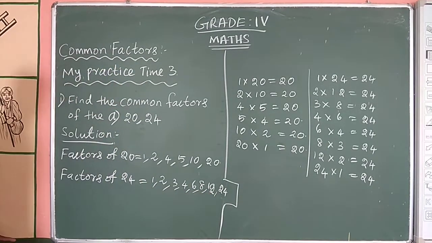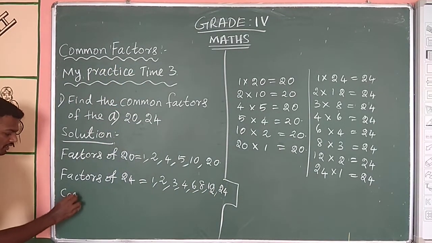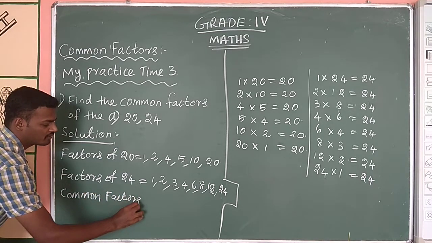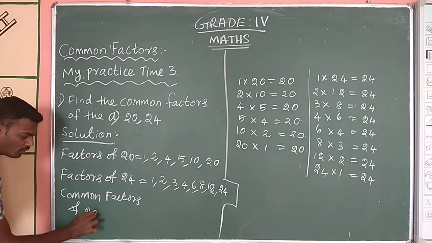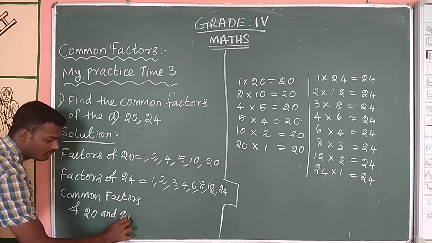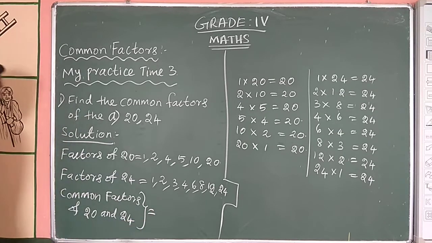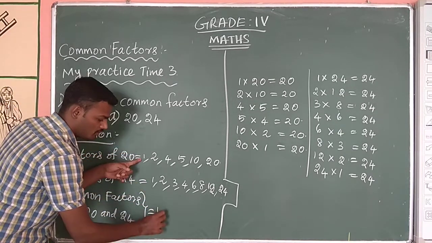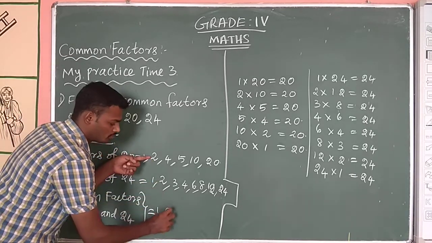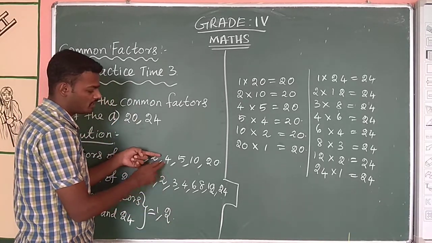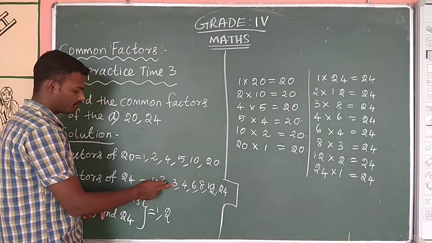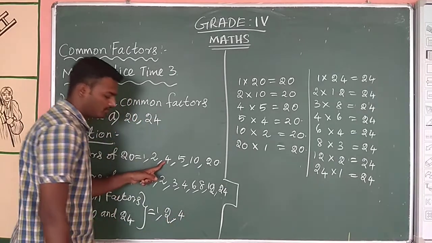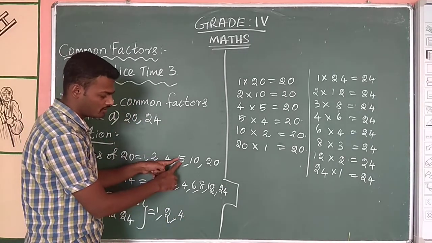Next we find the common factors of 20 and 24. Common factors: 1. Next, 2. 3 is not here, so it is not a common factor of 20 and 24. 4 is a common factor of 20 and 24. 5 is not here.